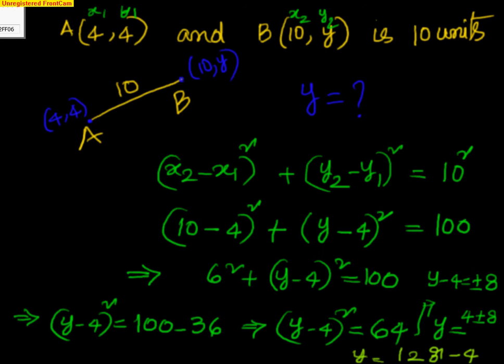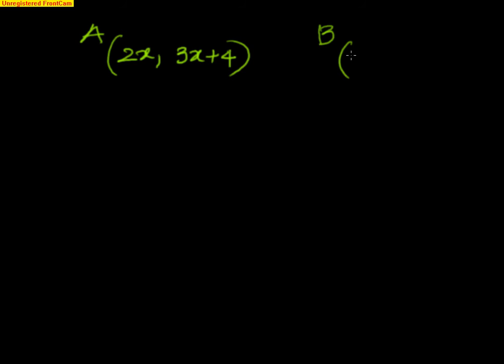So, let us do another interesting problem. Let us say that there are 2 points A, B whose coordinates are given by A is 2x, 3x plus 4 and B is 4x minus 2, 4x plus 3.